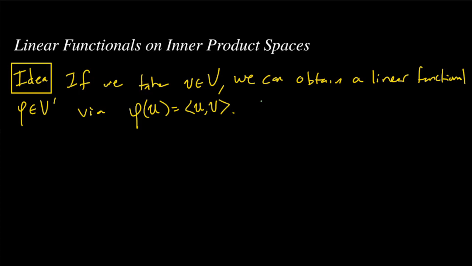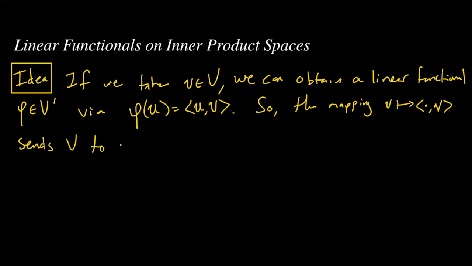So this motivates a very basic type of question. The mapping that sends a v in V to the function, with a dot there for the open argument, sends v to some portion of the dual space, to some portion of V prime.